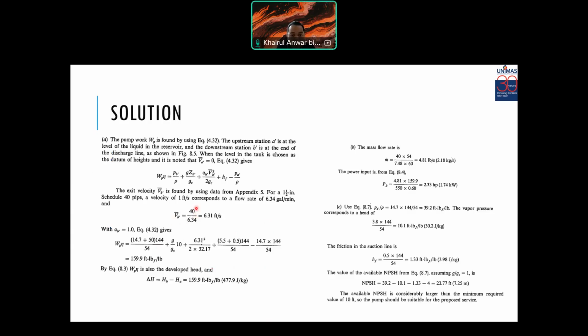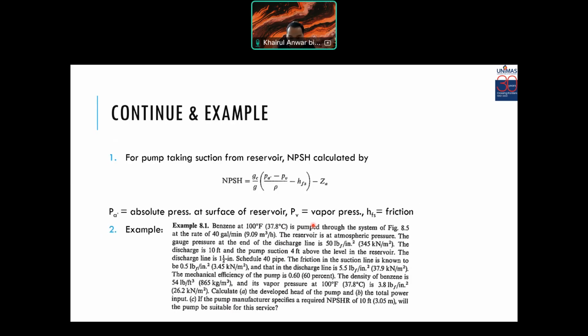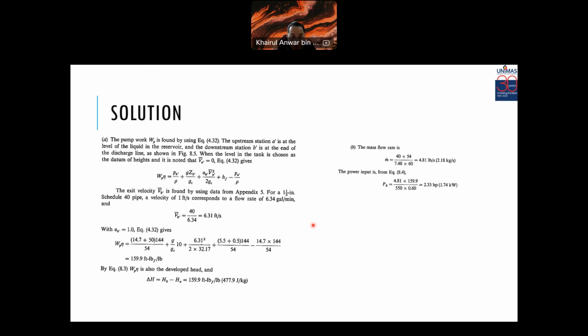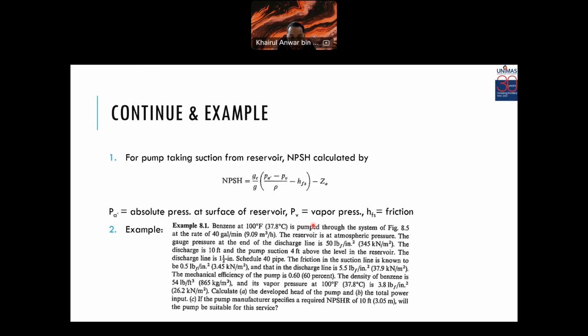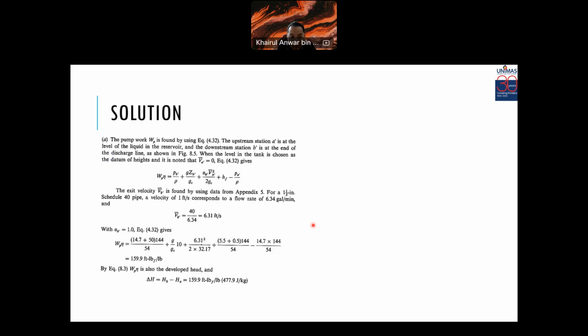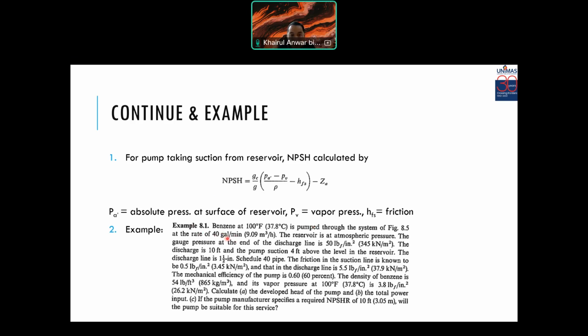So VB equals 40 divided by 6.34, that's 6.31 feet per second. So the 40 here refers to the 40 gallons per minute at the output.